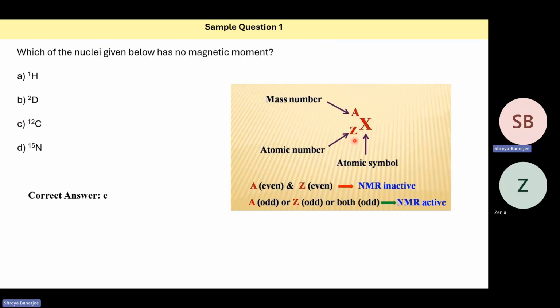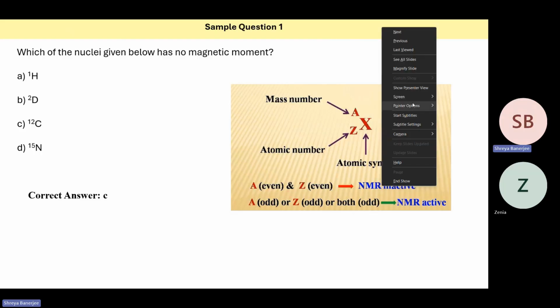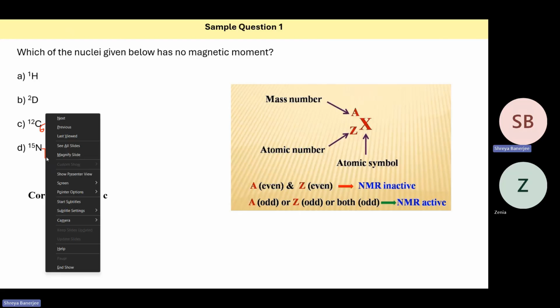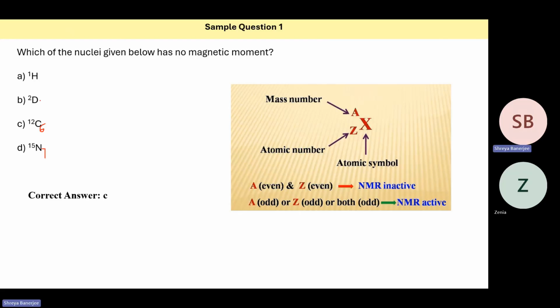So for any element, when we look at the mass number and atomic number, if both are even, it is NMR inactive. In case of carbon, the atomic number is 6, nitrogen atomic number is 7, deuterium is 1, and hydrogen is 1. So you need both mass and atomic number to be even for it to be NMR inactive, that is, it will have no magnetic moment.